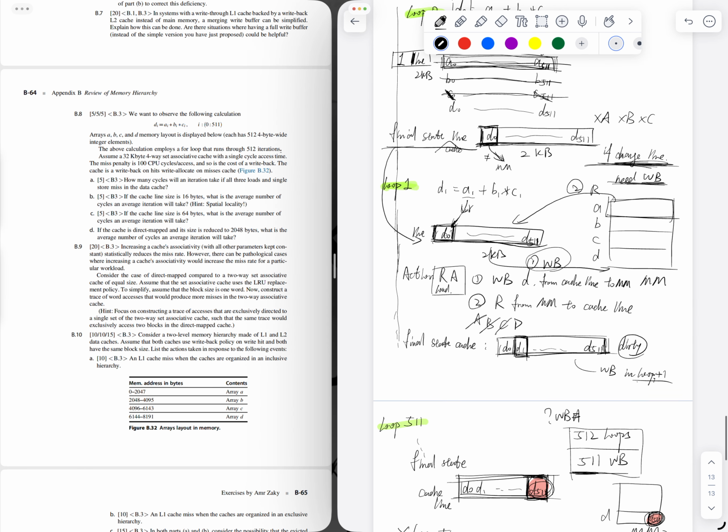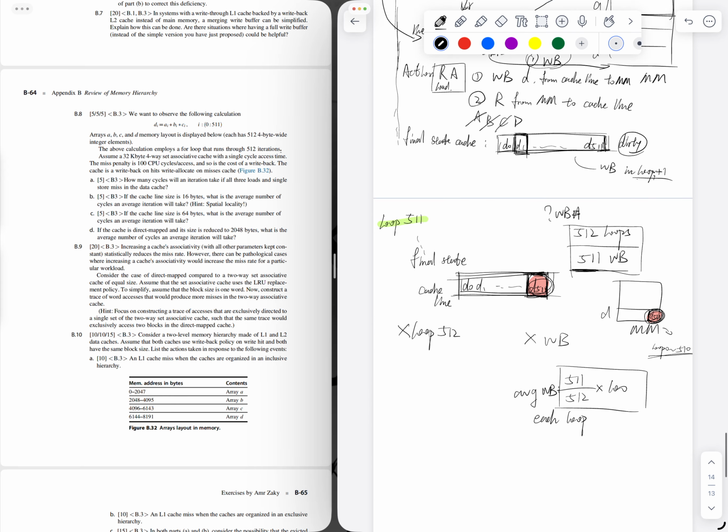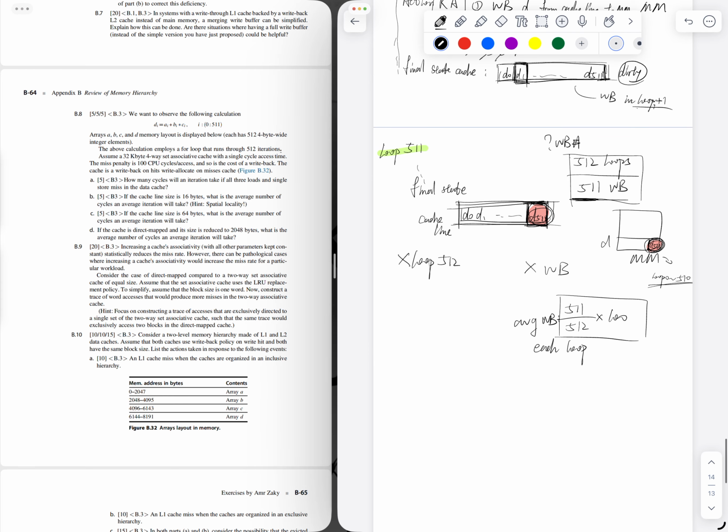And remember, in each loop we miss and then replace, miss and replace, and D is also a miss, right? So we have 4 misses, all the writes and reads are misses.